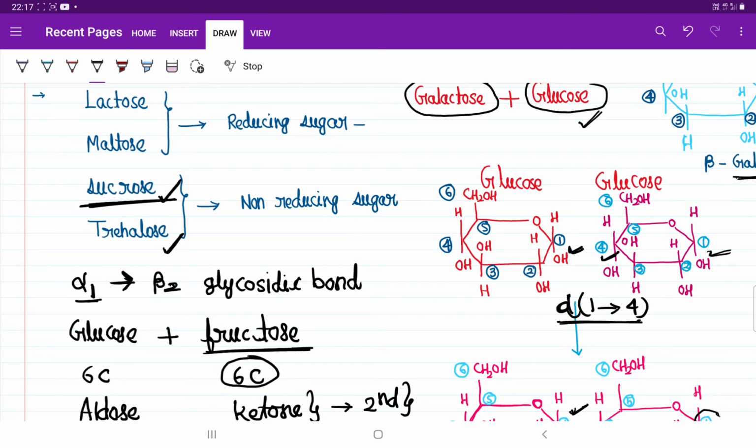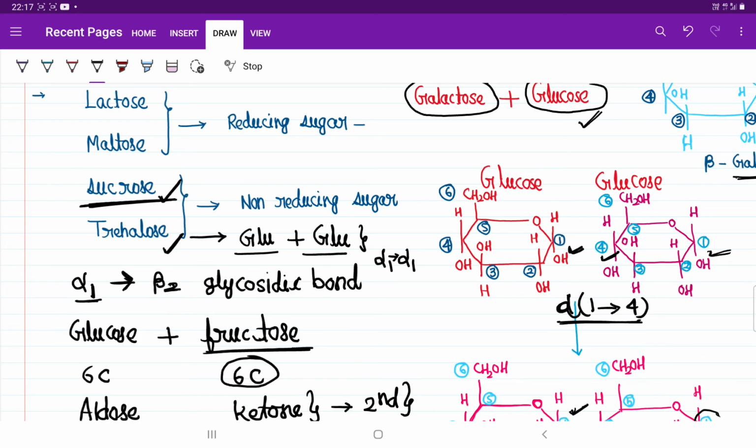Now come to trehalose. Trehalose has 2 glucose and both glucose are engaged in formation of the glycosidic bond, alpha 1, alpha 1 glycosidic bond. Right students? So trehalose is also a non-reducing sugar.